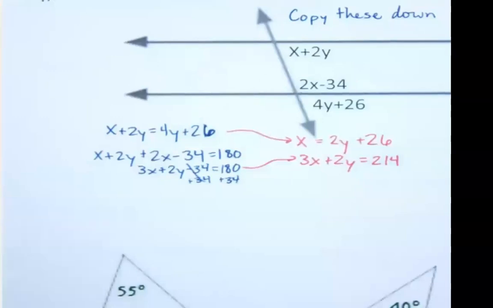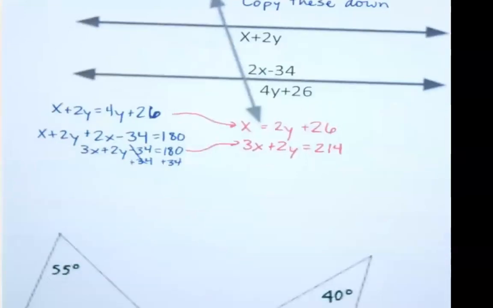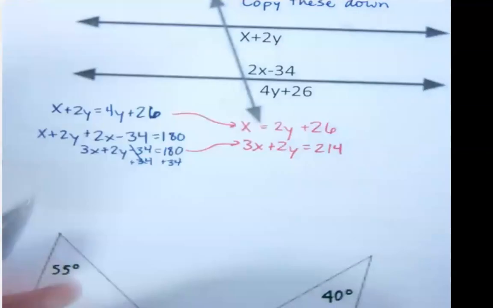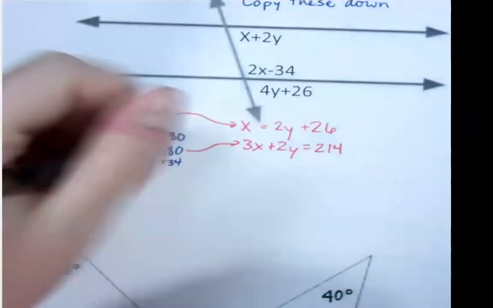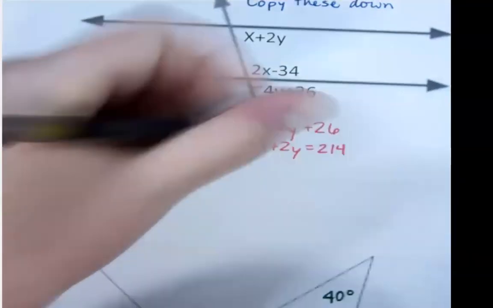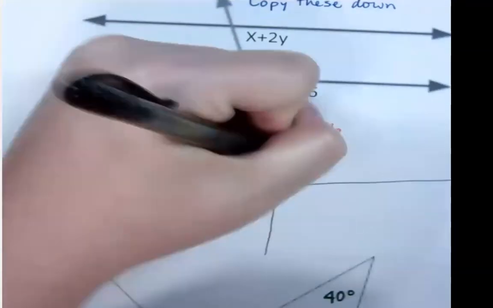Actually, I'll show you how to solve it both ways. So we'll do substitution through here, and then I will also show you elimination, and then you can kind of pick how you want to do it.